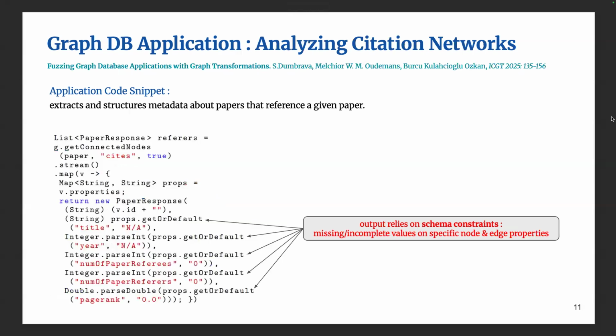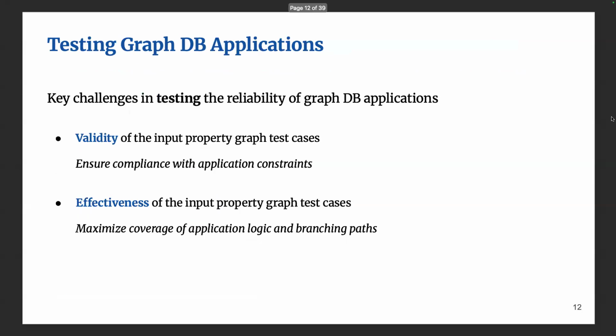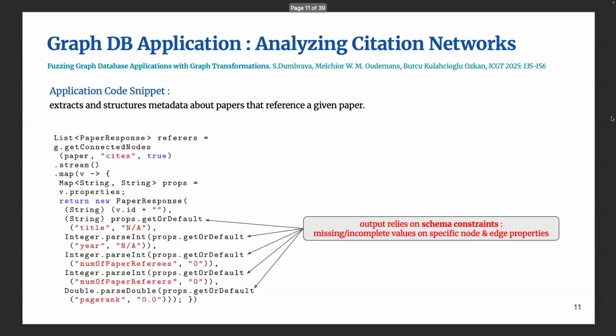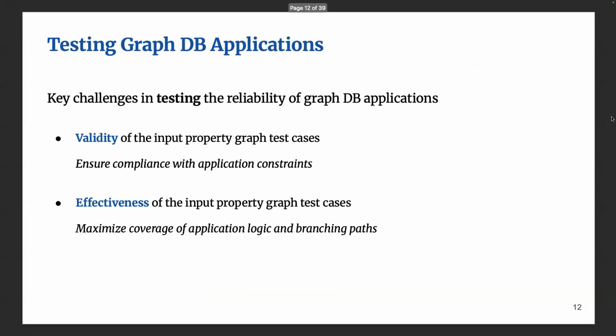In another application, analyzing citation networks, we see that the output relies on schema constraints. So specifically, certain property values not being there or being incomplete. So this brought about the question, how can we enforce the reliability of graph database applications in the presence of constraints?